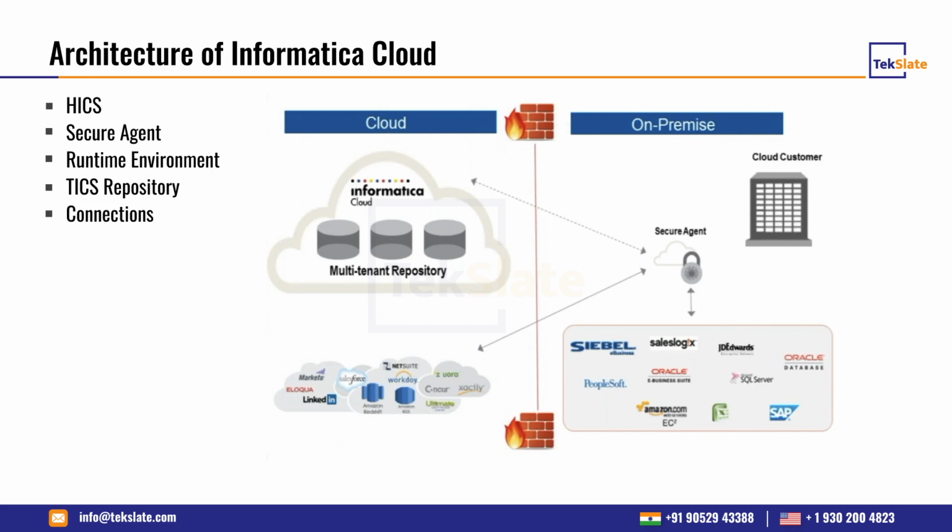And for other cloud applications like AWS, Azure, or different types of web services like SOAP-based and REST-based web services, there are different connectors available in Informatica Cloud. Using those connections, we'll be able to connect to these source or target systems, and according to the requirement, we can pull data from these systems or populate data into them.